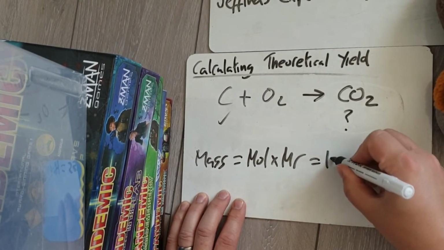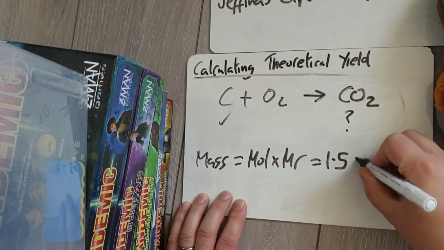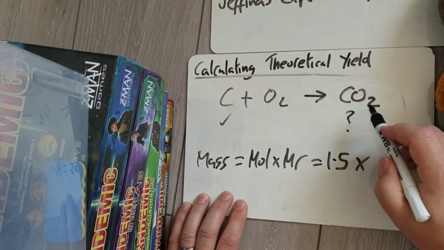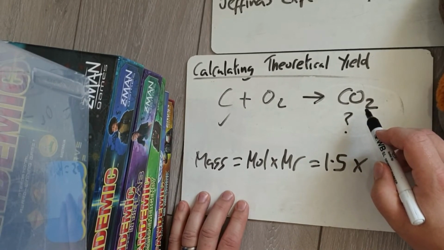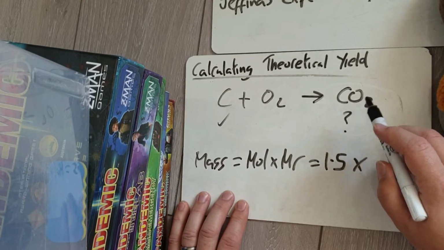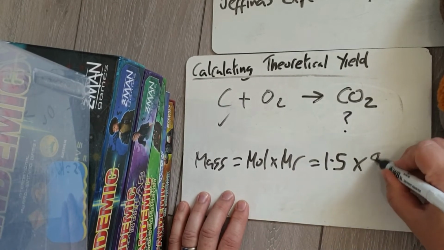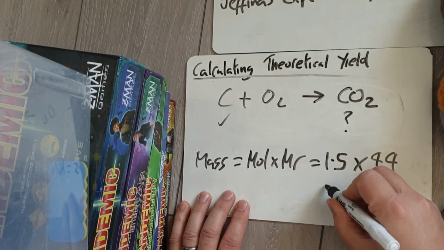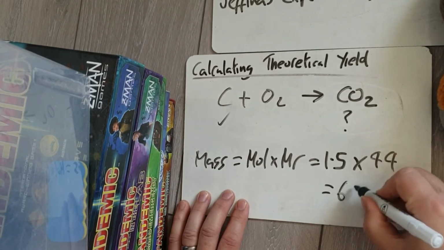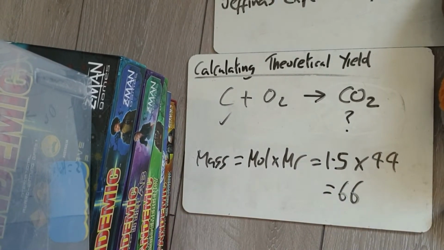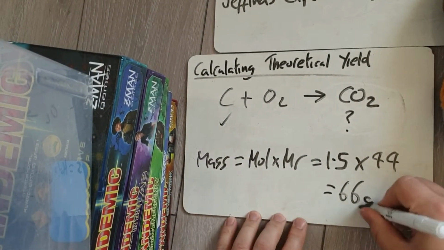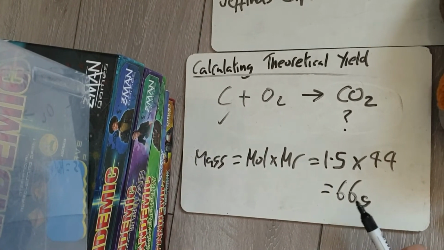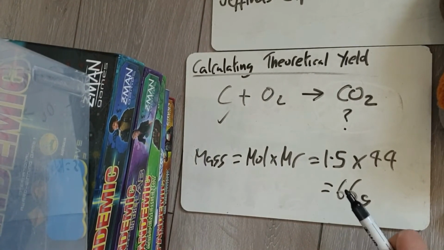We should have 1.5 because we've just worked that out. What's the Mr of CO2? Skip back earlier in the video if you need to see it. It's 44: 12 plus 16 plus 16. So 1.5 times 44 equals 66. So the theoretical yield is 66 grams.